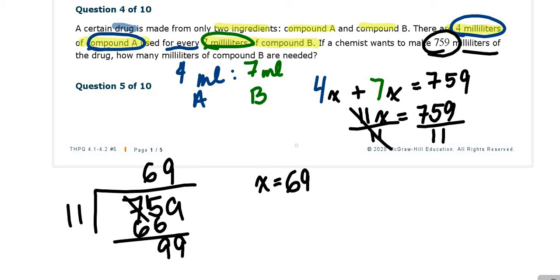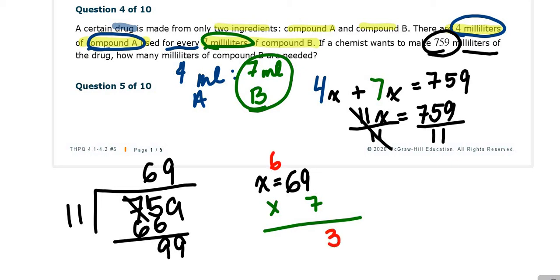But we need 7 of that for the B compound. So we're going to times by 7. So the total amount of the B compound is 483 milliliters.